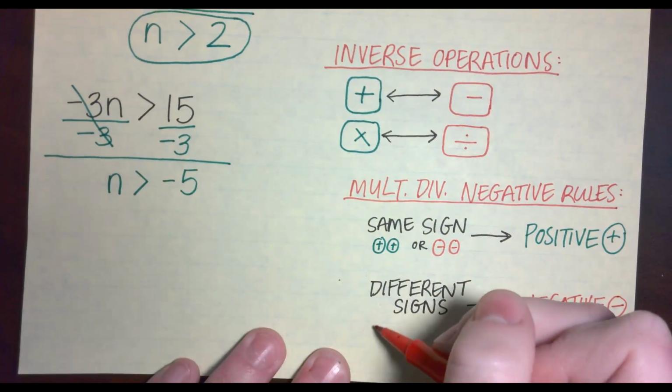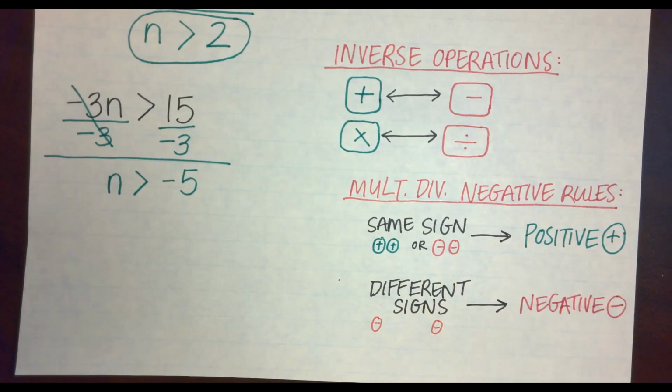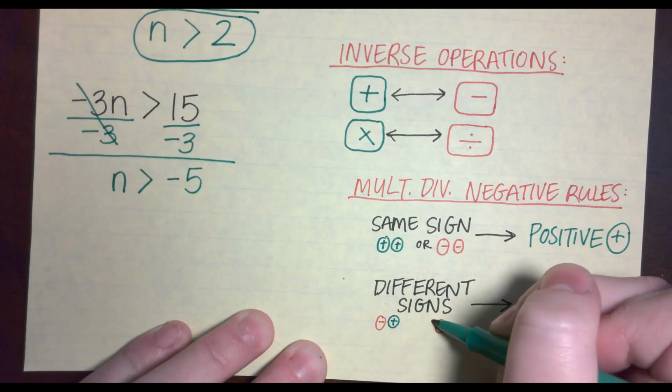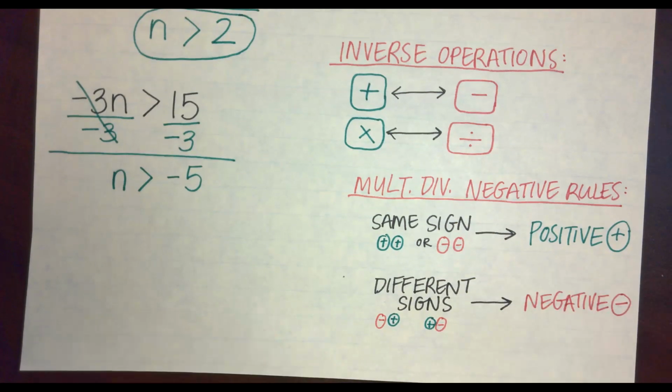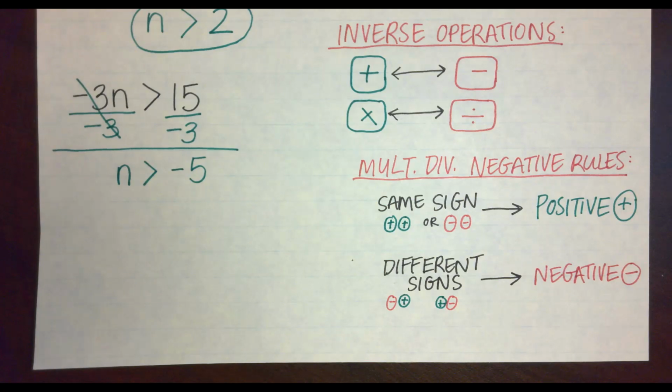So different signs could either be a negative and a positive, or a positive and a negative. Doesn't matter what order it's in, just that they're different. All right. Make sense, guys?